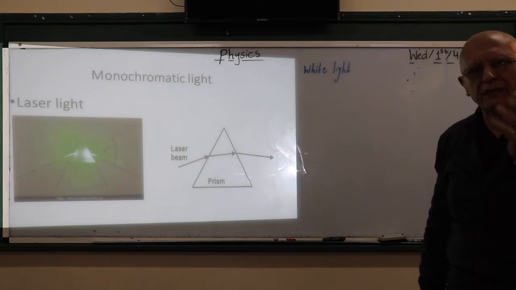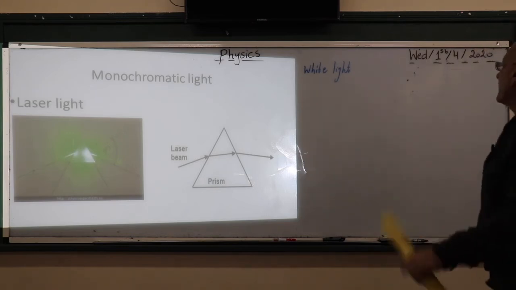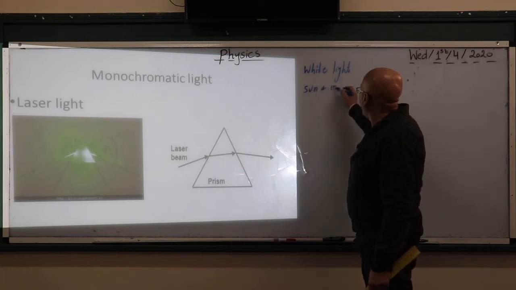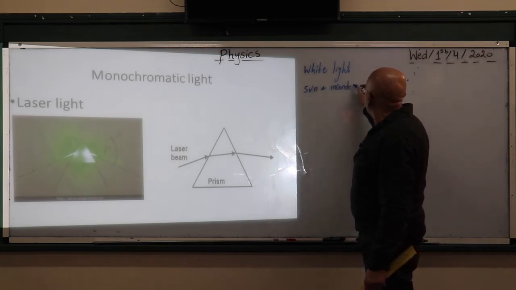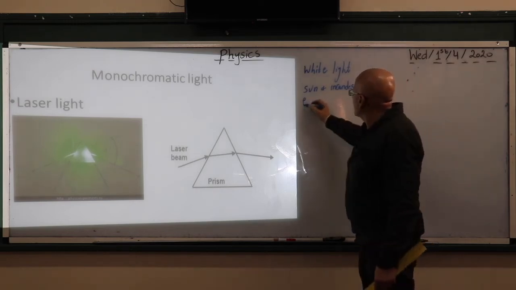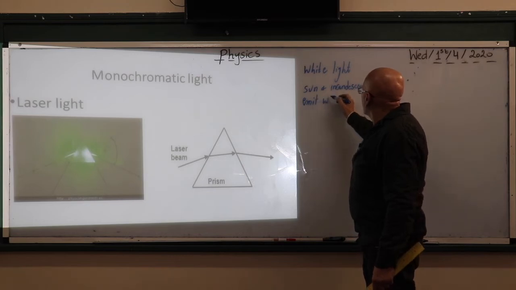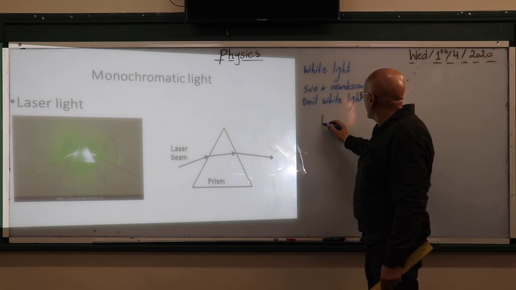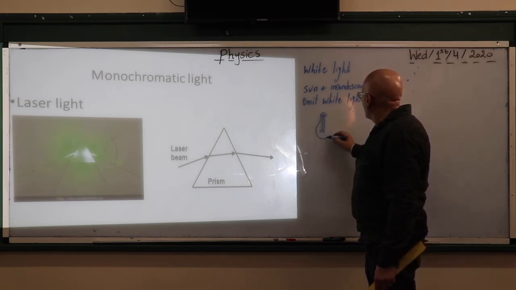The incandescent lamp is the yellow lamp that has a filament. So the sun and the incandescent lamp or bulb emit white light. It is the lamp at your home that gives a yellow light.